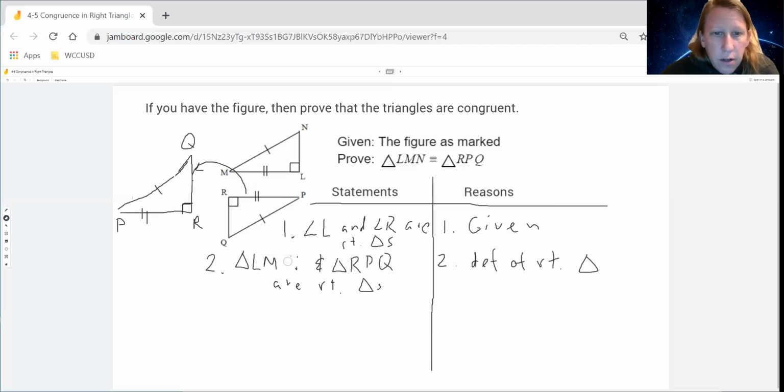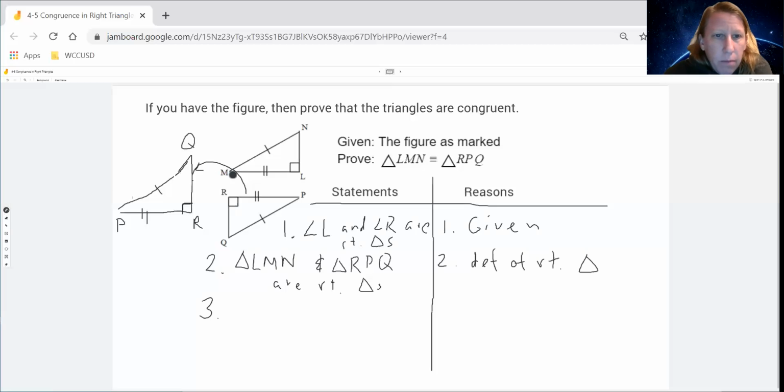As long as, you know, the whole point of doing a proof is to convince someone who's being a pain in the butt. I don't agree with you. Yeah, well, that's what it means to be a right triangle because there's a right angle in the corner. Okay, let's continue. So I have pointed out that they're right triangles. Now I'm going to point out that their hypotenuses are the same.